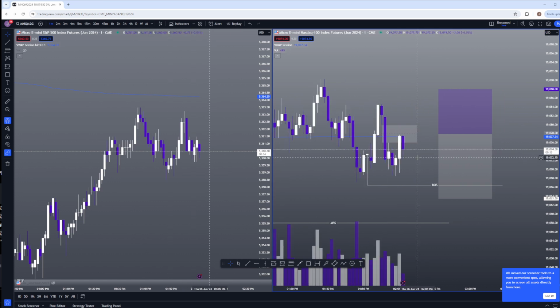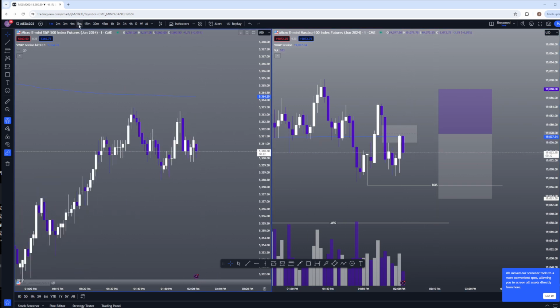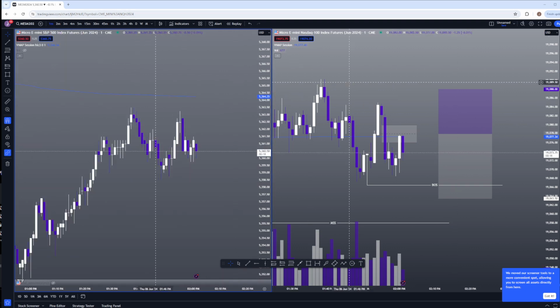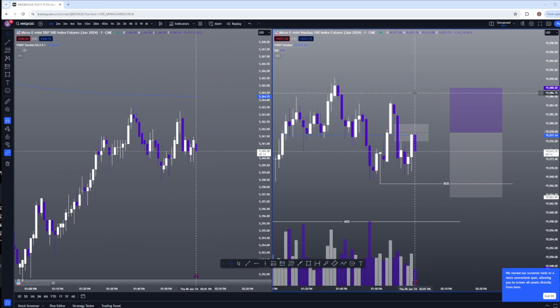So now I'm going to be waiting a little bit more patiently here. We're moving very slow. Not doing much. Typically what we see on a day like today, when we've been ranging all day, we have not had any external liquidity sweeps.